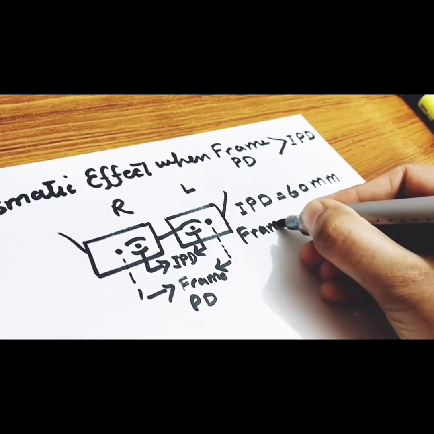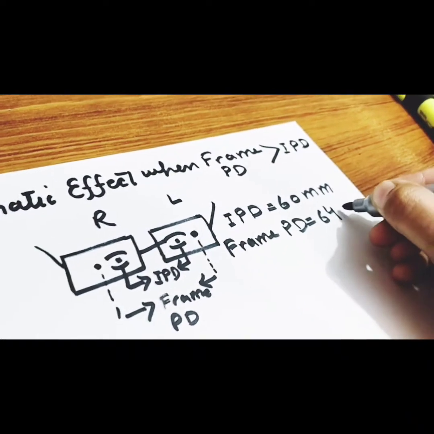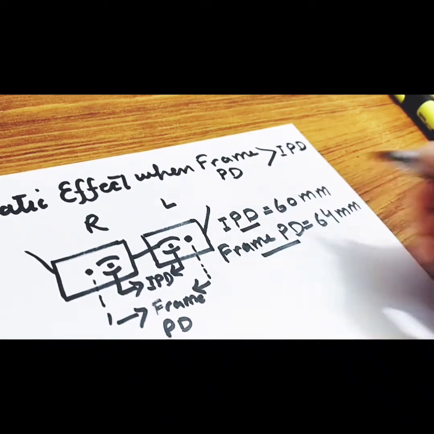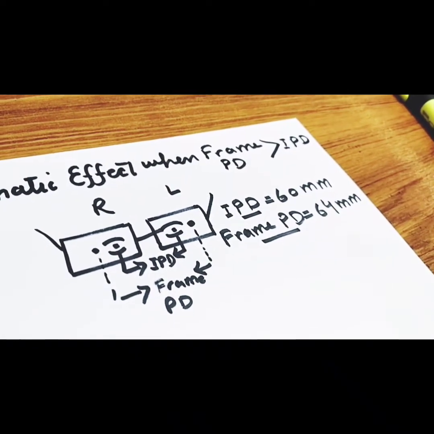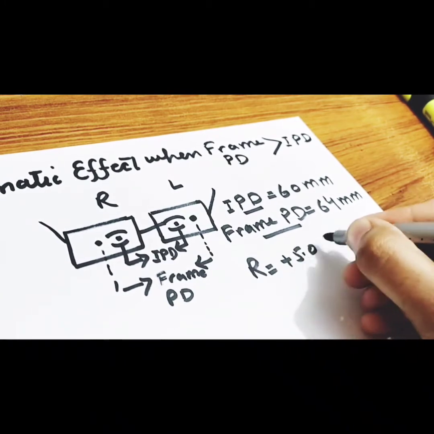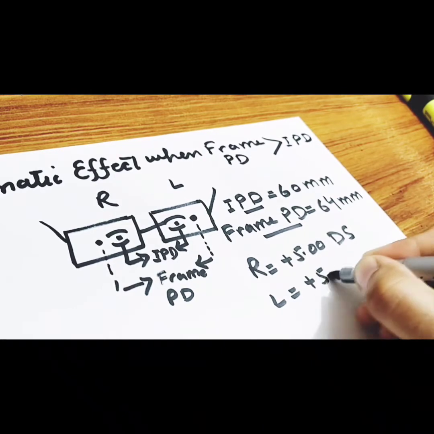Frame PD, frame pupillary distance, is equal to 64 millimeter. Right eye lens power is equal to plus 5 diopter sphere. Left eye is equal to plus 5 diopter sphere.